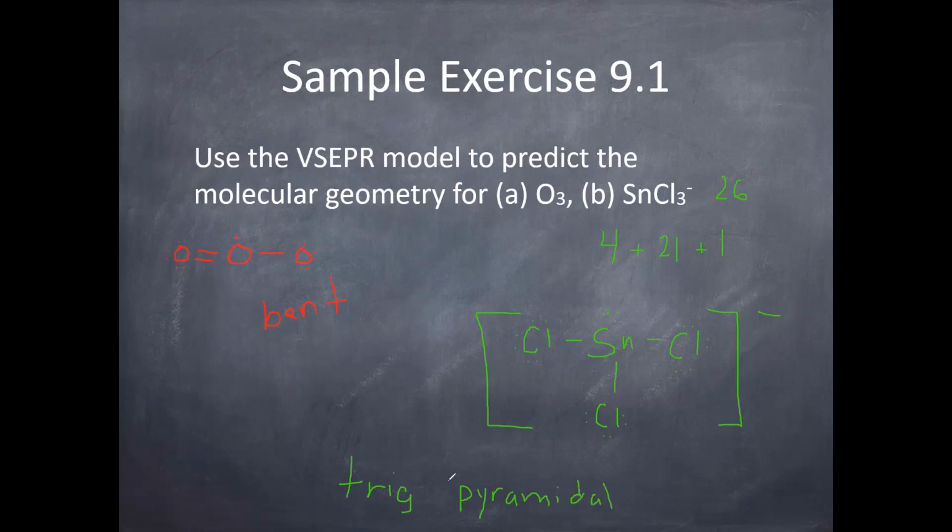And the reason it's trigonal pyramidal rather than trigonal planar is because of that lone pair on the tin in the center. Since we've got that 4th electron domain, these 3 are all going to get pushed down. And that's why we'll have the tin slightly raised up. And that's why we don't have planar, we've got pyramidal, because the tin's going to be slightly higher than the chlorine, because this lone pair on tin is going to force those bonds to get pushed down a little bit.